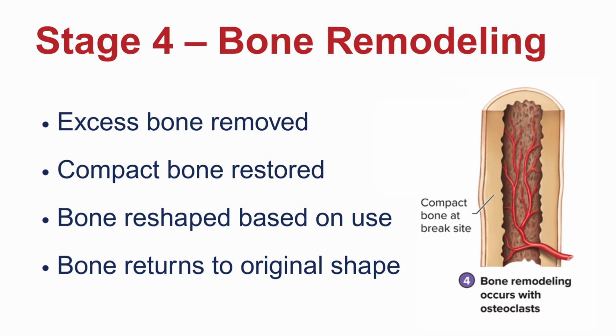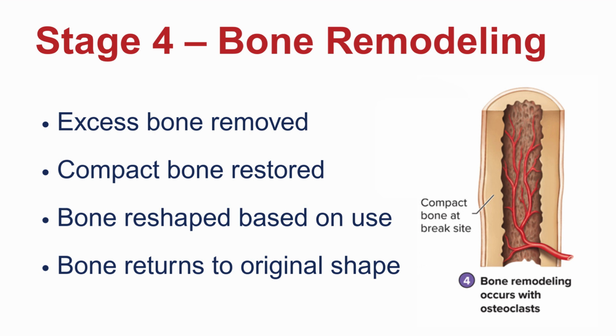The final stage of bone repair is bone remodeling. During this stage, osteoclasts remove excess bone from the bony callus, while osteoblasts rebuild compact bone where it's needed. Importantly, remodeling is influenced by how the bone is used.